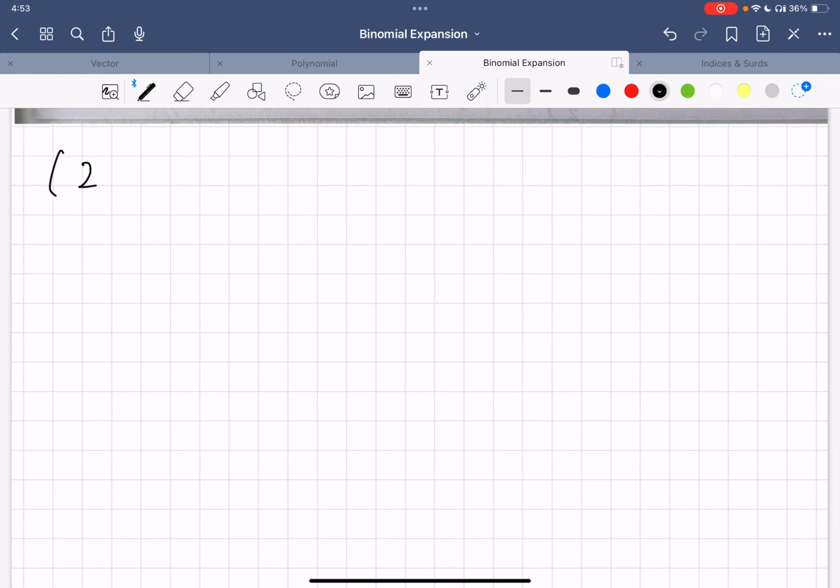Okay, so for example, we've got this term right here, that is x plus this one, power to the 9. Sounds crazy, isn't it? But don't be confused or frightened here. It's very easy.